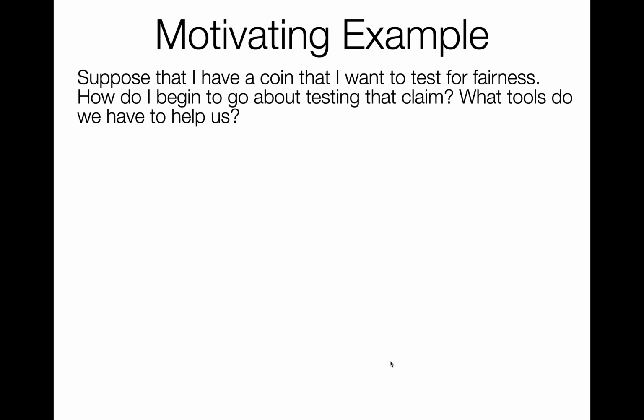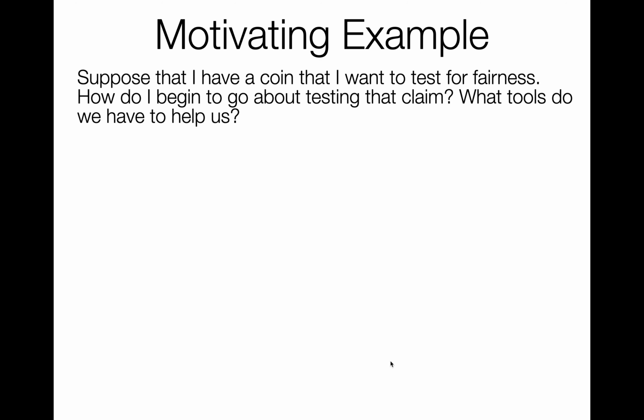I bent it, but I tell you that the coin is still fair, but you don't believe me, which is reasonable if the coin is awfully bent, and so you want to test or give me some conclusive evidence about why the coin is not fair. So we want to test for fairness.